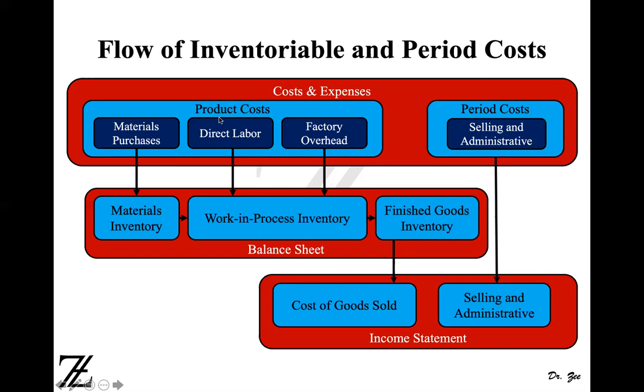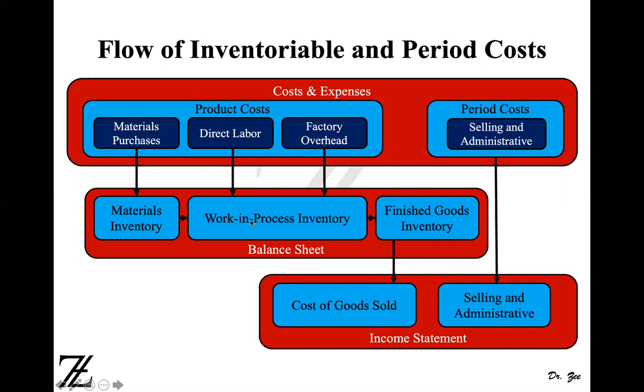So in a cost, the material, labor, and factory overhead, once you purchase the material, it stays in the balance sheet as a material inventory, right? And then you start working on a product, so your material moves into your work in process inventory.